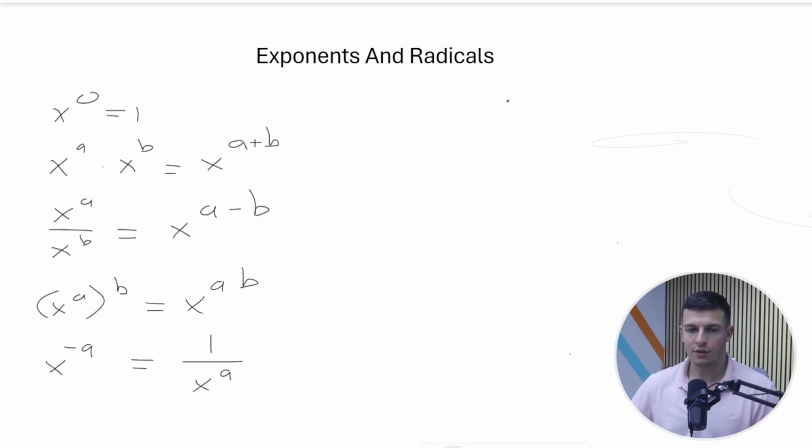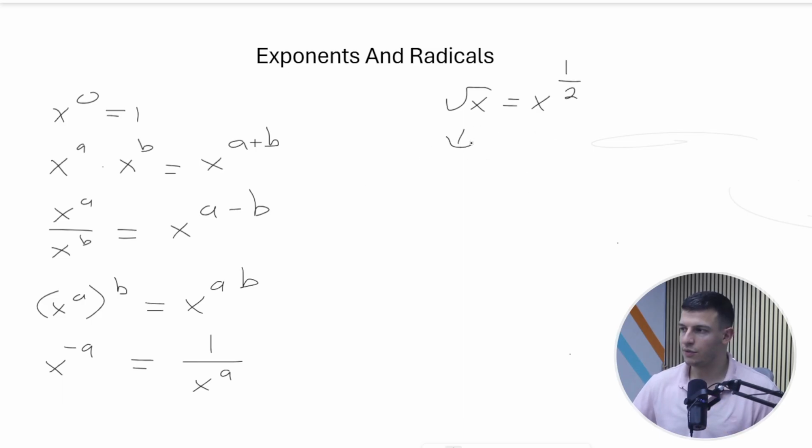I also want to mention a few more for the radicals. So we have the square root of x. How can we write it as an exponent? We can write it as x to the power of 1 over 2. The ones on the left usually have whole numbers, integers, but whenever we have fractions, we can see radicals, and we can treat the same rules for fractional powers as well.